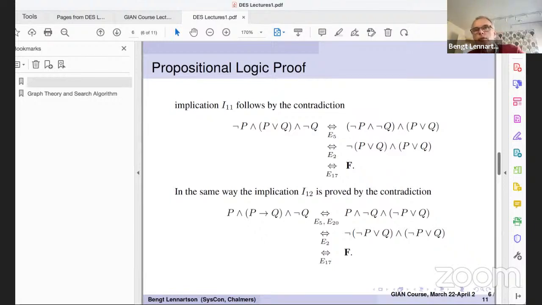let's repeat here that an implication can be proved in two ways. Either you prove it as it is as an implication, and then somewhere you have to probably use a specific implication. For instance, if you have a conjunction, then both of these elements in the conjunction must be true.